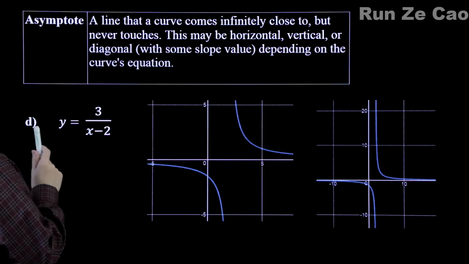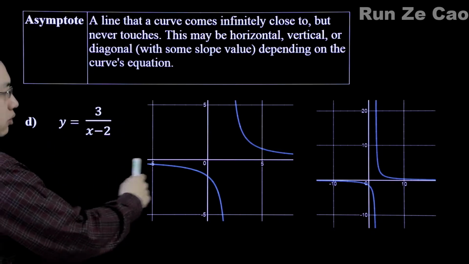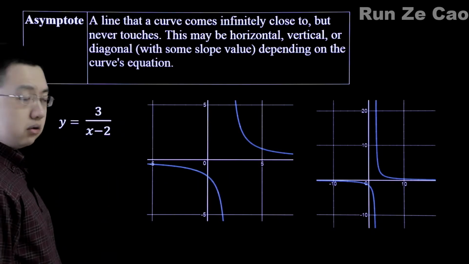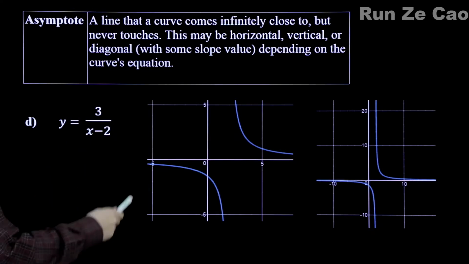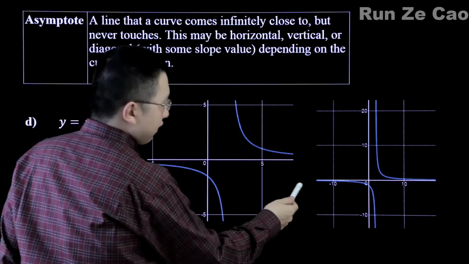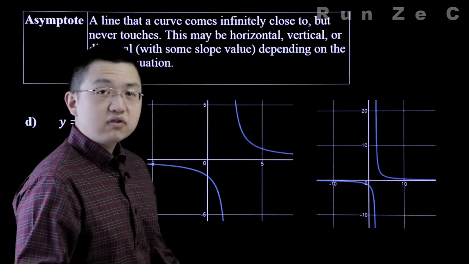Now, what about an x value that makes y equal to 0? Well, you can't get there. So 3 divided by negative infinity is some infinitesimal negative value. And positive infinity, that's some infinitesimal positive value.